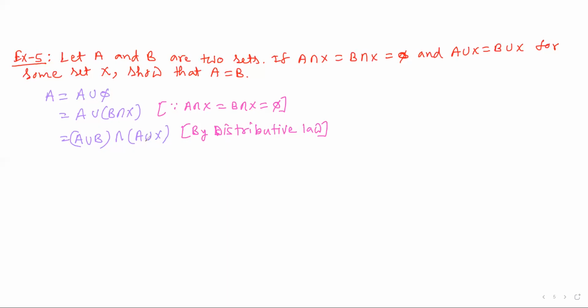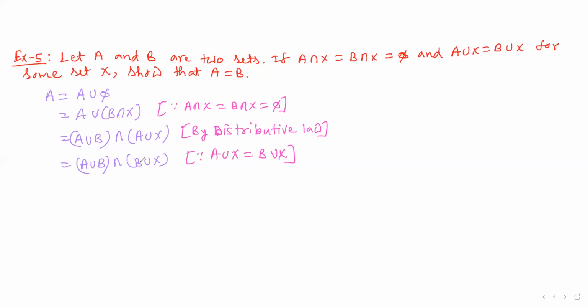Now it is given A union X is equal to B union X, so at the position of A union X, we can put B union X. Within the third bracket you will write the reason: A union X is equal to B union X.